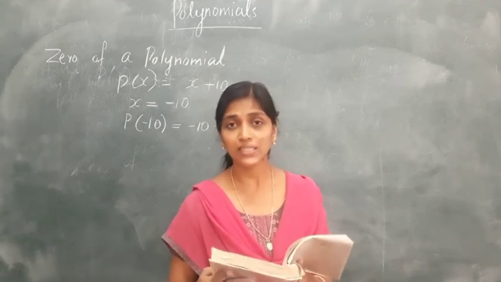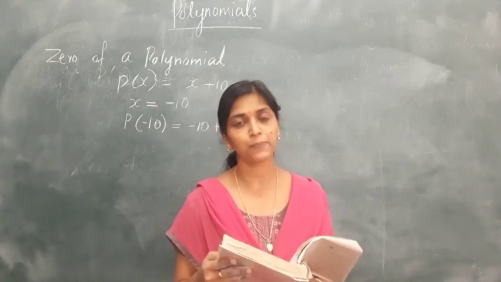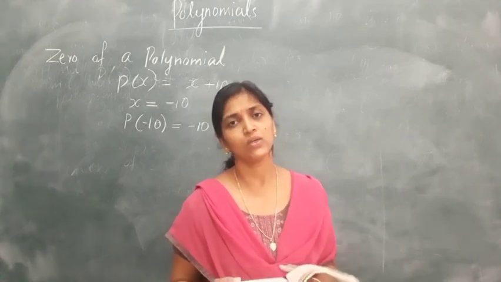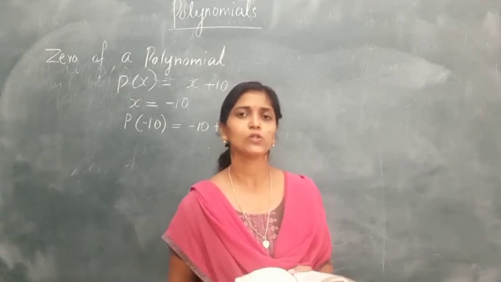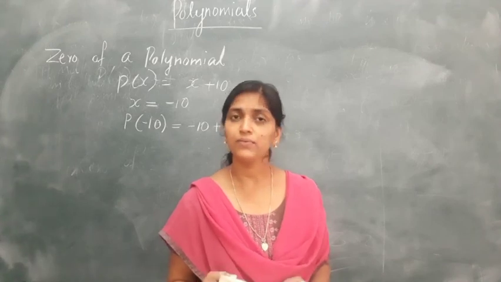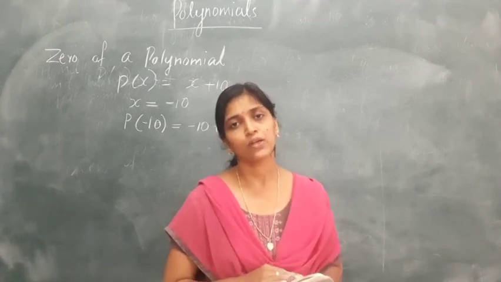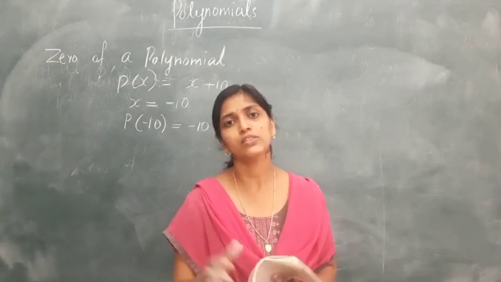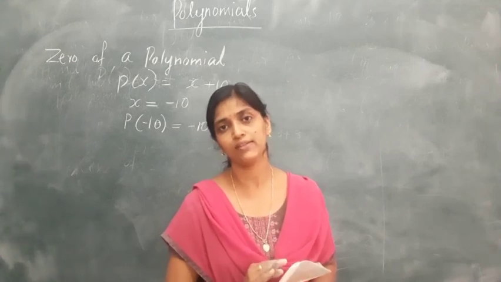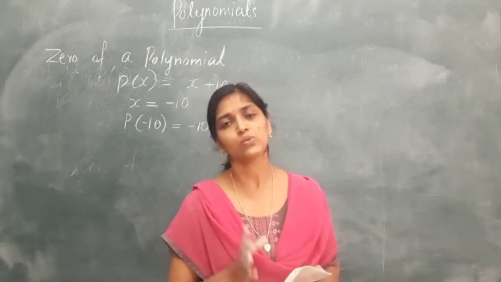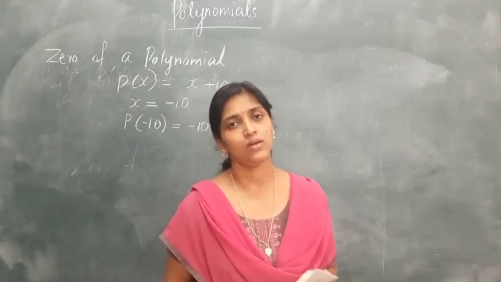Hope your class is clear and you are getting what I am saying. If you have any doubt, you can contact me, you can call me personally also, no problem, and you can clear your doubts. So do it as homework. I will give you the notes. First copy the notes, then do these problems in your notebook itself. Even if they are worksheet problems, you can do them in your notebook itself as homework. Thank you.